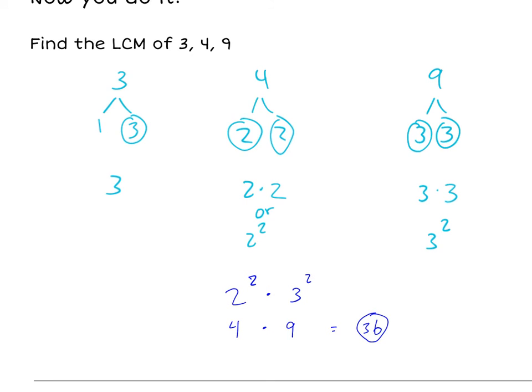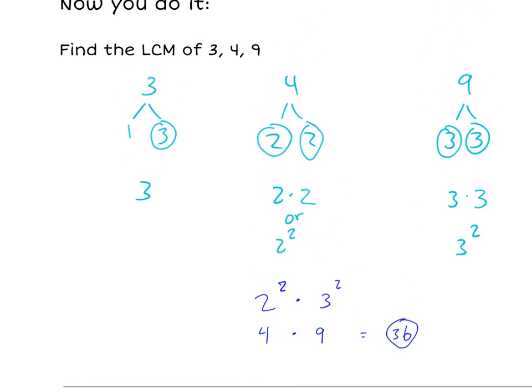If you don't believe me, we could list the multiples of 3. We'd go 3, 6, 9, 12, 15, 18, 21, 24, 27, 30, 33, 36. See if 4 overlaps at all. 4, 8, 12. Oh, 12 works for 3 and 4. But does it work for 9? No. Then 16, 20, 24. 24 works for 3 and 4.